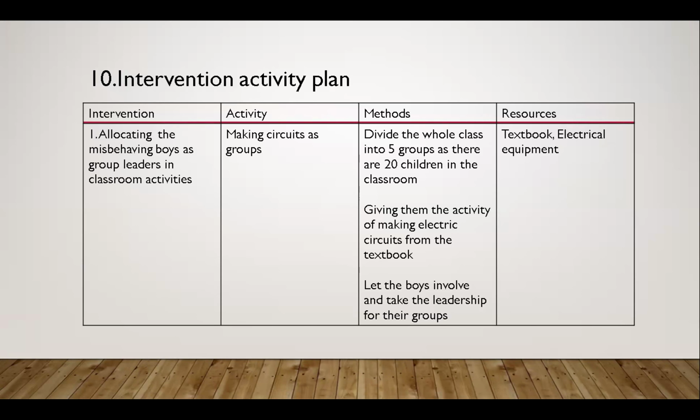We have 20 children in my class, so dividing them into 5 groups, there will be 5 leaders, giving them the activity of making electric circuits from the textbook. Let the boys get involved and take leadership in their groups. The resources I'm going to use are the textbooks and electric equipment. That is the first one.